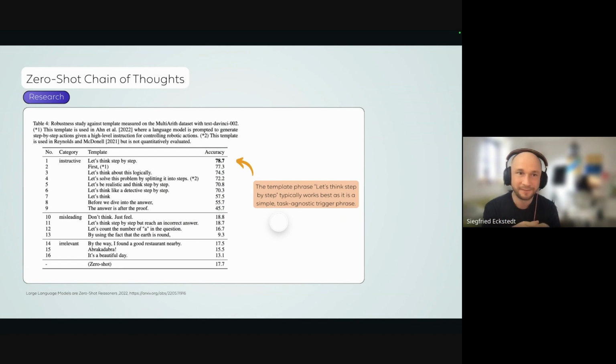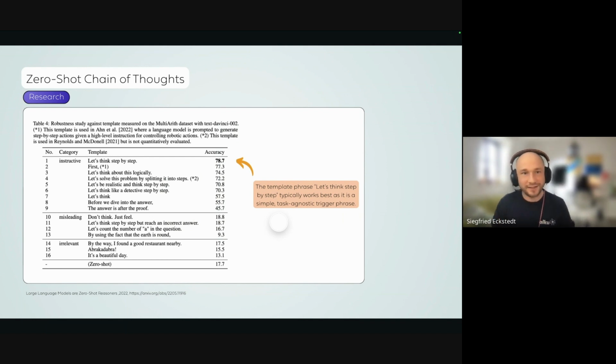And the question basically was, is this trigger sentence the best, or can we think of other template sentences that could work better? Let's think step by step is something that I have actually also introduced when we talked about the basic prompt structure and components that you can add.